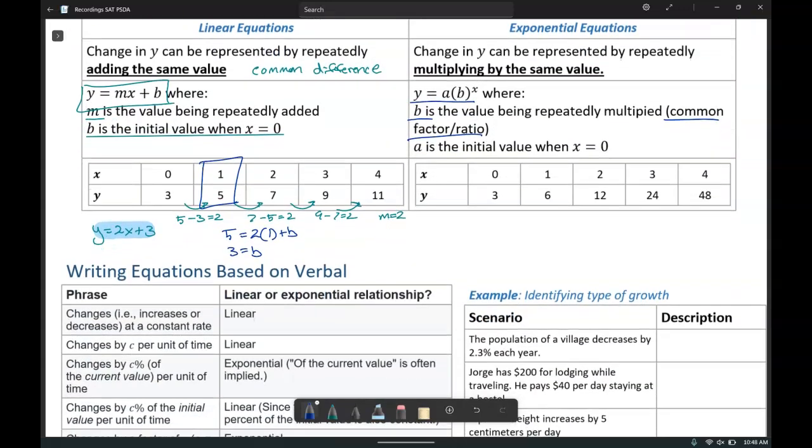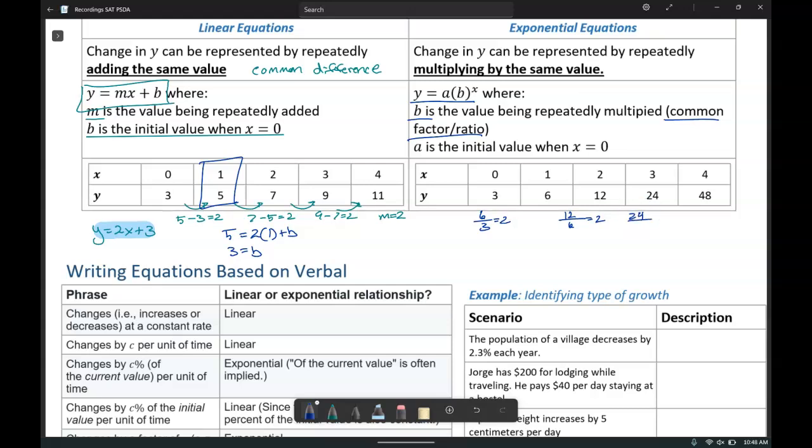So instead of finding the common difference, we notice that as I increase from one to the next, the increase is not the same. 3 plus 3 is 6, 6 plus 6 is 12, 12 plus 12 is 24. The increase is different, so there's no common difference. Instead, it's a common ratio. We take one value divided by the previous, the next value divided by the previous, and the next value divided by the previous.